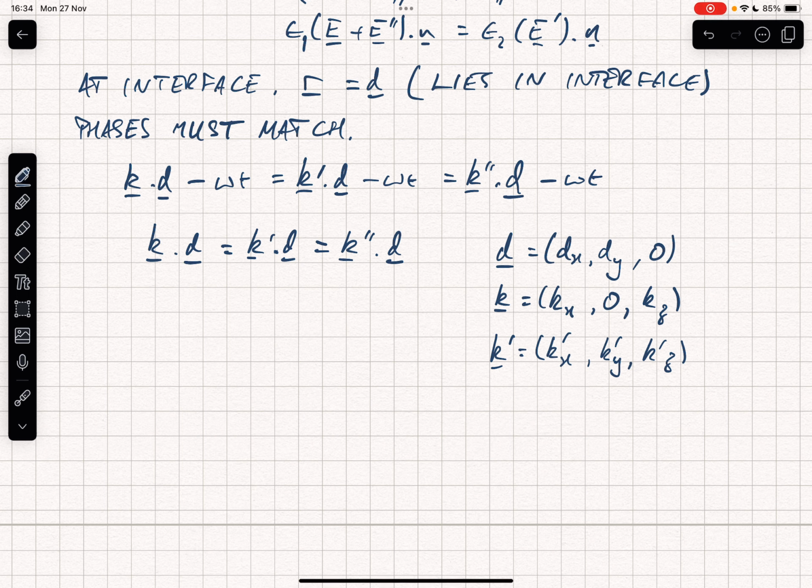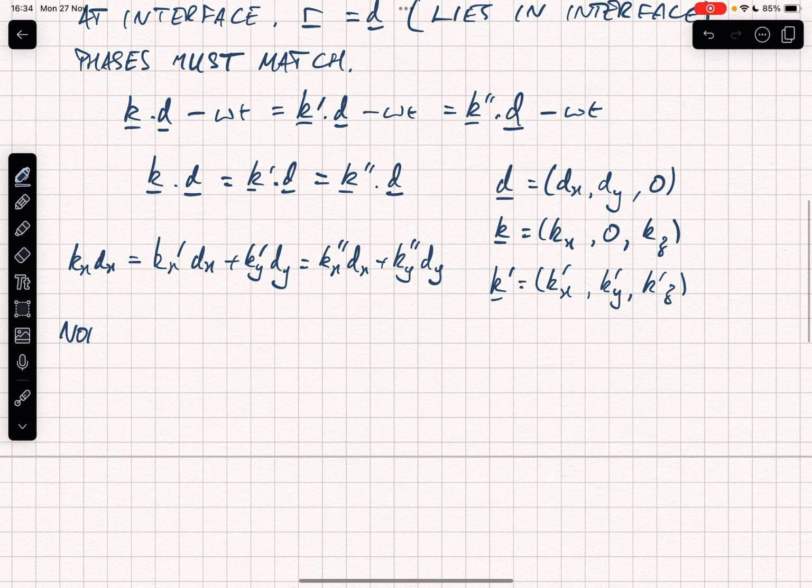So kx dx, expanding out, must equal kx prime dx plus ky prime dy, must equal kx double prime dx plus ky double prime dy. So all we've done is evaluated the dot products.